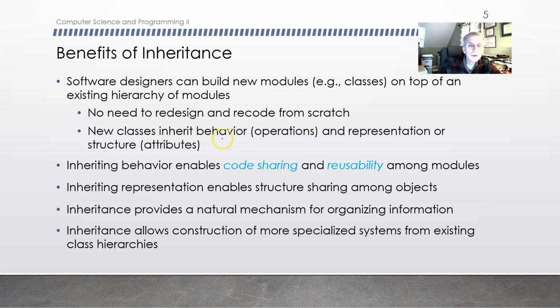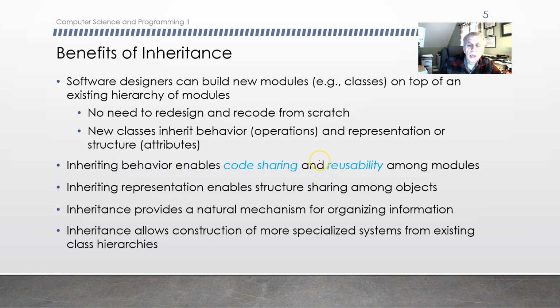So the new classes are said to inherit the behavior or the operations or the functionality of the thing from which we're deriving our new definition, and they also inherit the structure or the attributes from the thing that we're doing our inheritance from. Okay, so the inheriting behavior enables the concept of code sharing and reusability.